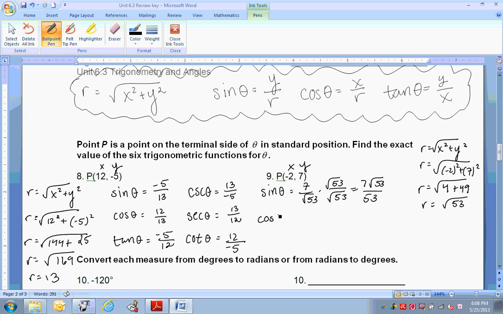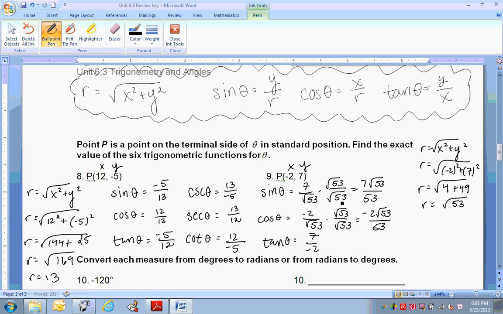Okay, and cosine of theta is x over r, so that's negative 2 over the square root of 53. So we're going to multiply the top and the bottom by the square root of 53. And that leaves us with negative 2 times the square root of 53 over 53. Now, tangent of theta is equal to y over x, so it's 7 over negative 2.